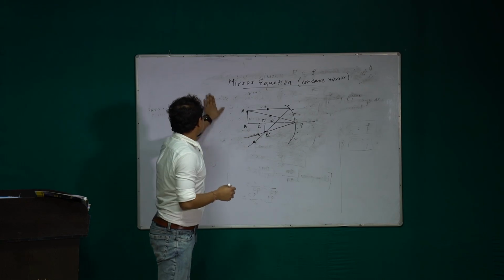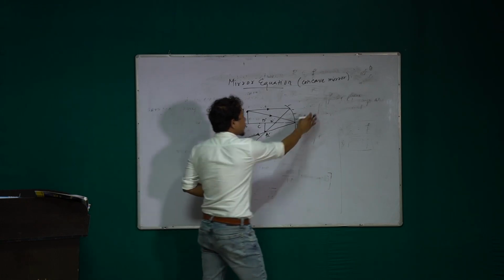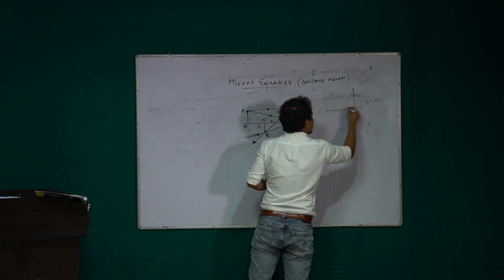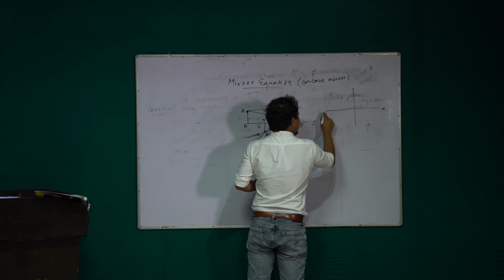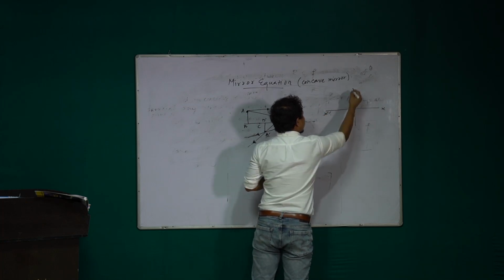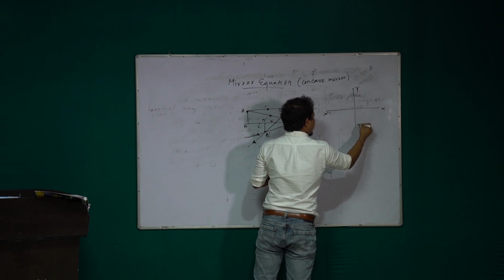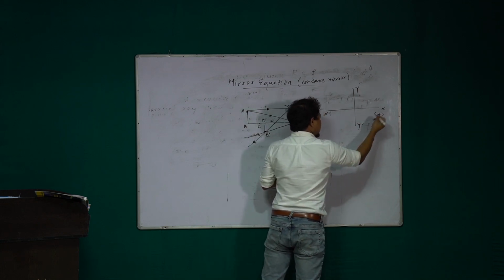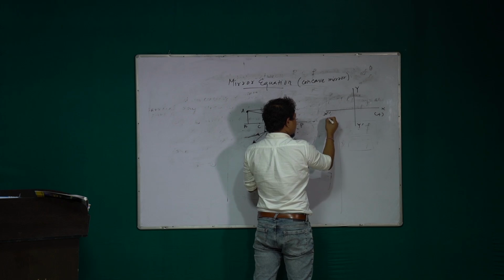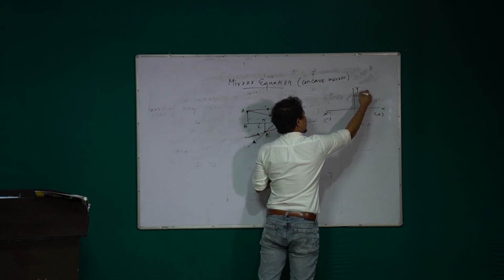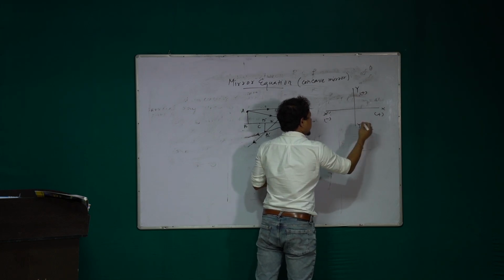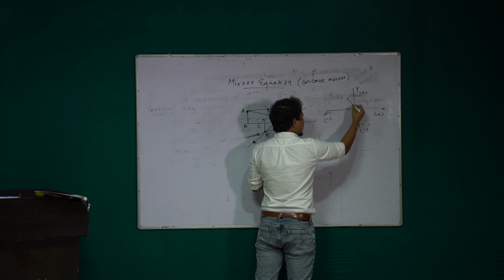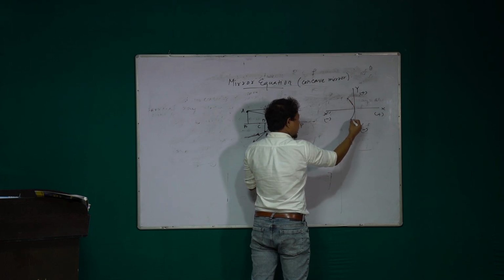Okay, now let's deduce the formula. This is for the sign convention. This is x dash, this is y. This is the positive side, say this is the origin, this is the negative side, and this is positive, and this is the negative side. Always remember, it doesn't matter whether this is a convex or concave mirror.